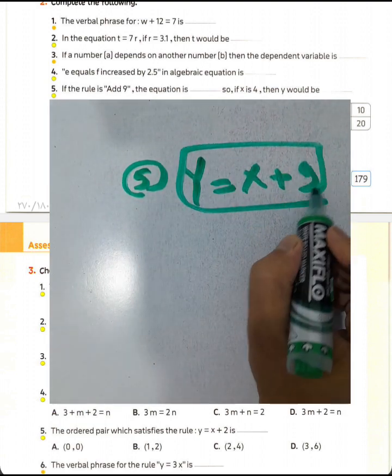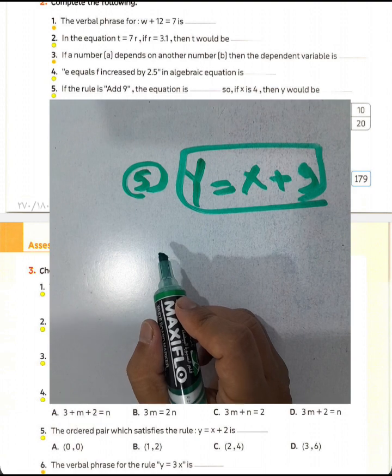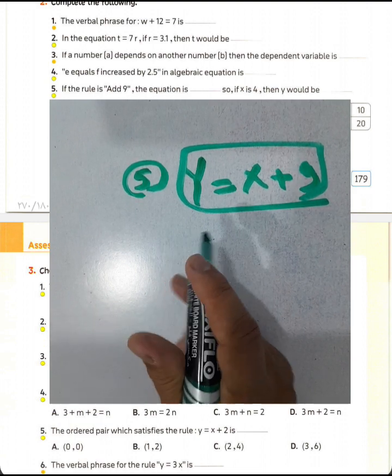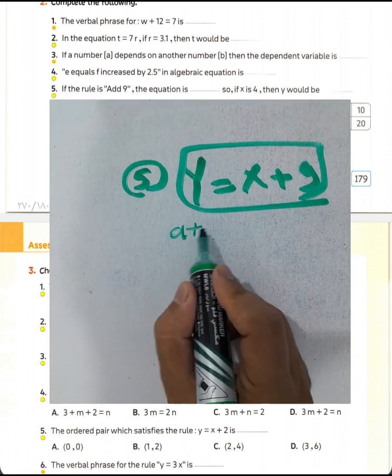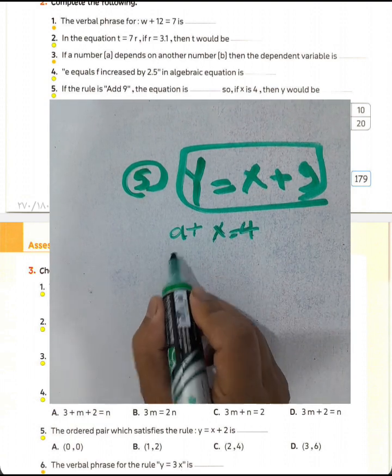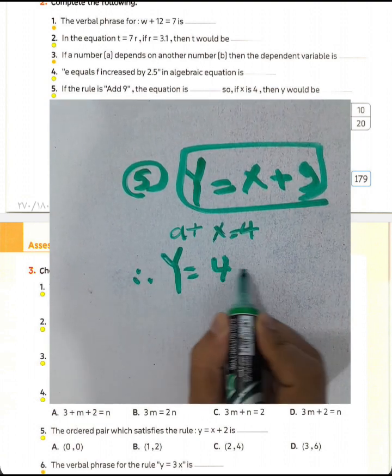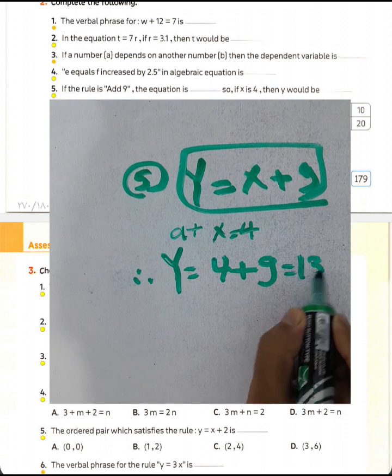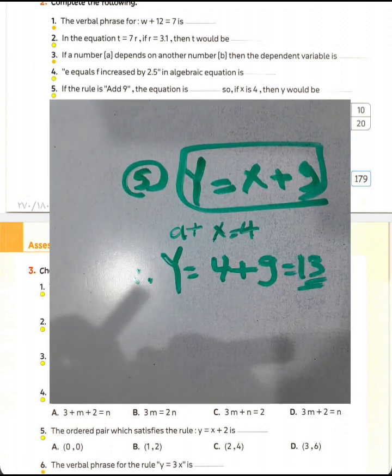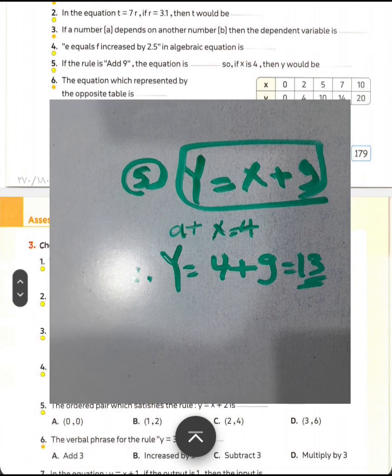It's the rule here, okay? So if x equals 4 in this rule, put x equals 4. Then y will be 4 plus 9. It will be 13. And y would be 13, okay?